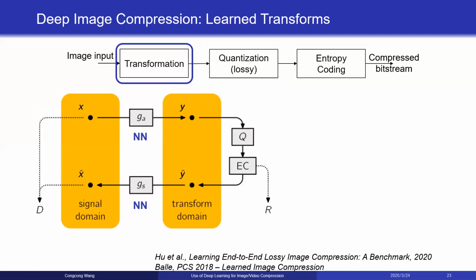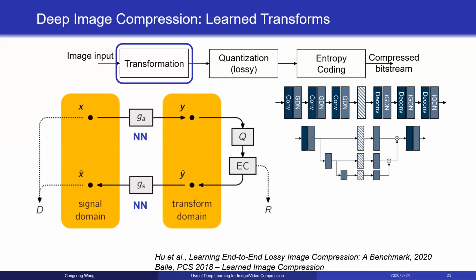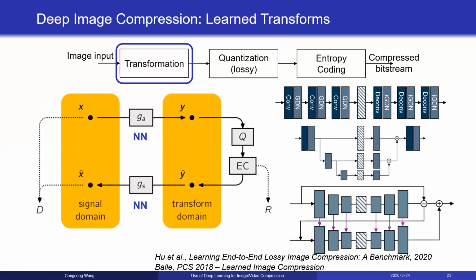This gives a chance to have nonlinear transforms. Different architectures have been proposed to learn the transform, based on convolutional neural networks or recurrent frameworks. With these approaches, the performance reaches a level comparable to JPEG or JPEG 2000, but is still not comparable to the state-of-the-art HEVC.